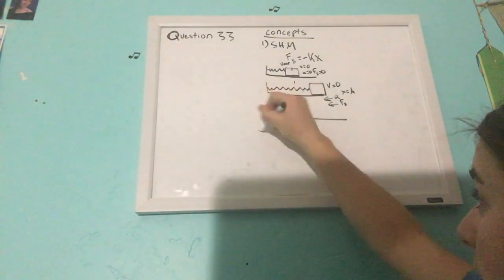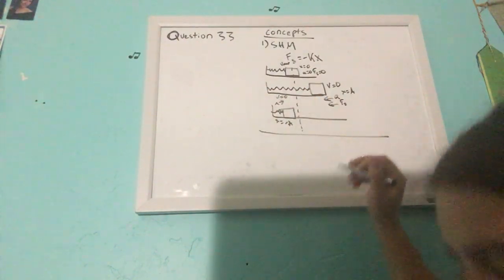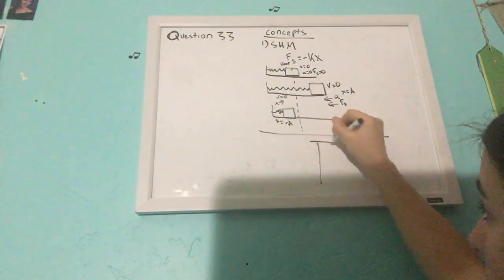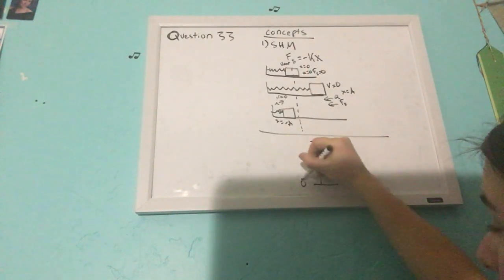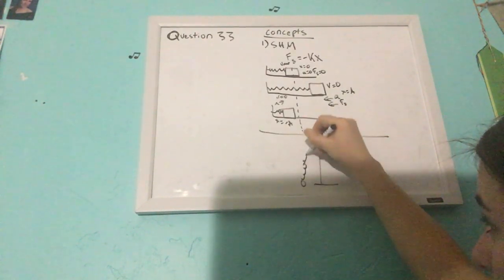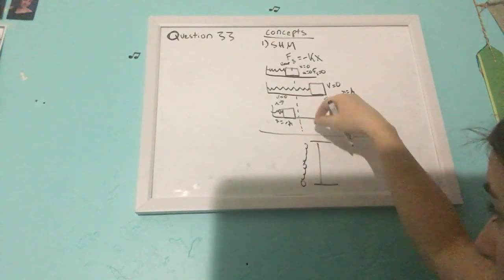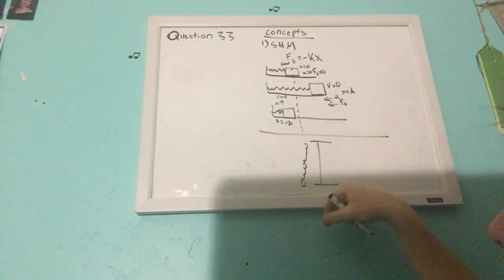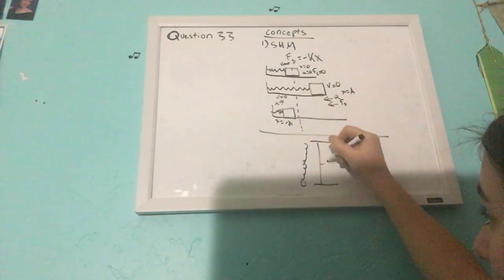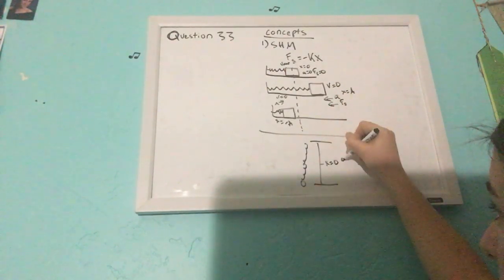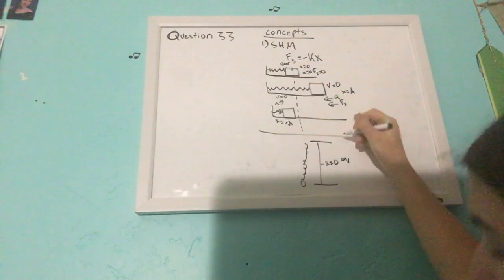First I'm just going to draw what's happening in this problem to make it simpler. There is an object here, and it starts at the bottom, and then we release it, and it goes up and down. Here, x is equal to 0. This is at equilibrium, so let's write EQ.